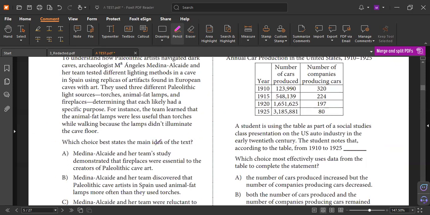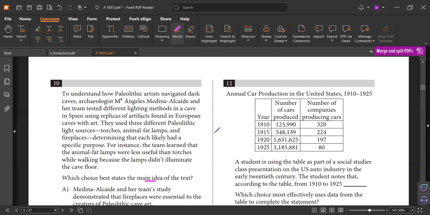Again, the main idea. Let's summarize. How can I summarize the main idea? Number one, the first sentence. To understand how, who is going to understand? I expect information, comma, subject. But wait, to understand how the Paleolithic artists navigated dark caves, archaeologists, who is going to understand these people?